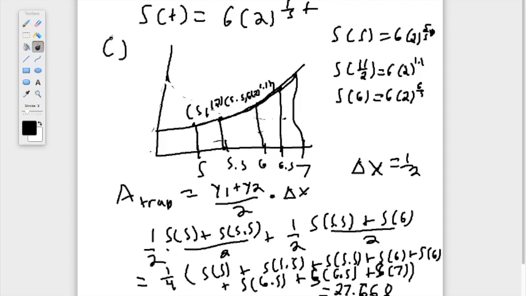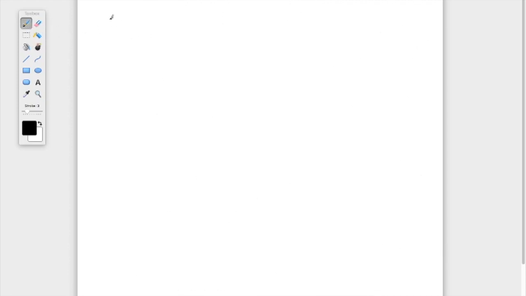So now for part D, we basically had to interpret the meaning of this integral, the integral from 5 to 7 of s of t dt. We're basically trying to interpret its meaning. Let me just start off with units to make a little more sense.